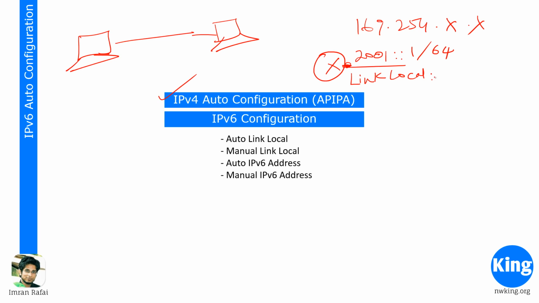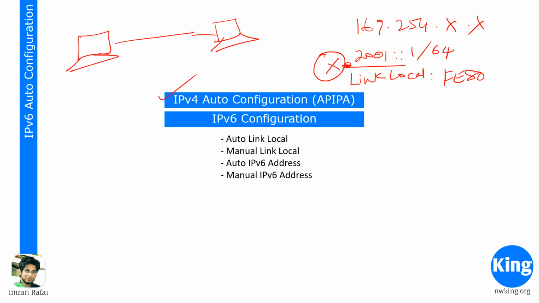Now, if you remember from our last video, link local is something that is auto generated by the device or by that interface, and that address starts with FE80. Remember, FE80. So anything with FE80 is a link local address. That means that address is significant only to that interface. It would not be able to communicate outside that segment or that interface.